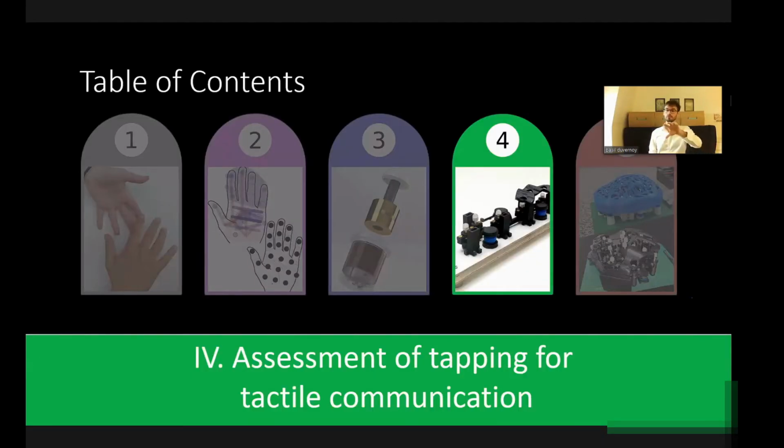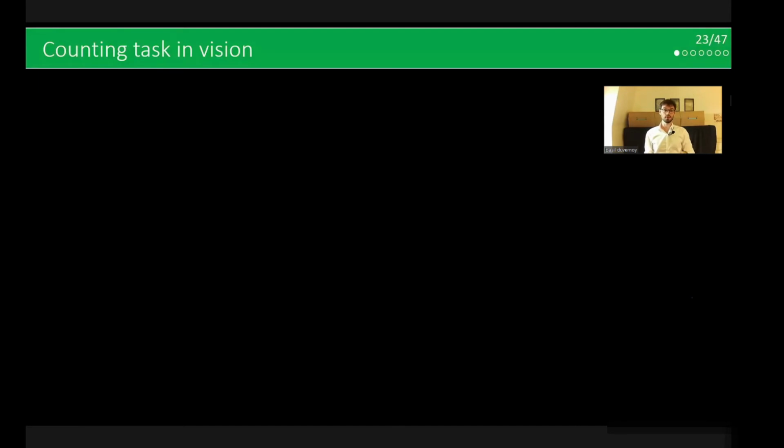Before going into the experiment we ran, I would like to do an experiment right now with you. It will be a counting task in vision. I will display white dots on the screen for a short period of time, and you will have to count them. Okay, let's have a first try. Whoop.